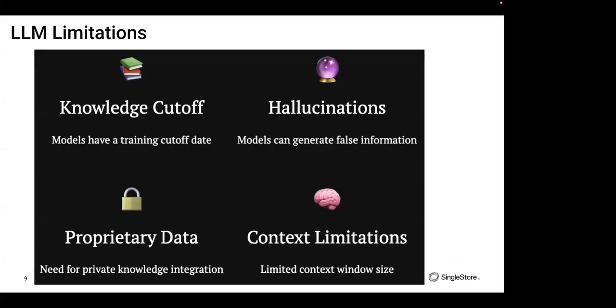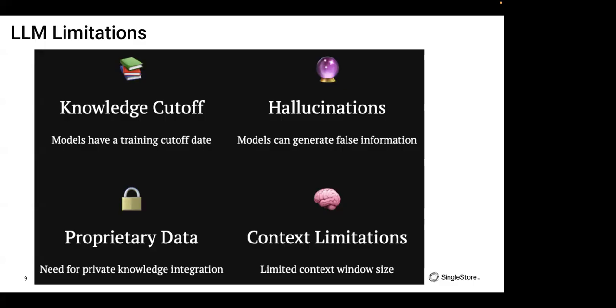But these LLMs, if you use them just right away for your AI applications, don't yield good results because they have limitations. They have a knowledge cutoff date. We all know that. Every LLM is trained only up to a particular date. If you ask anything that's happened recently, now they may handle it because they can easily do tool calling, but they usually have this knowledge cutoff date, and that's why they basically hallucinate.